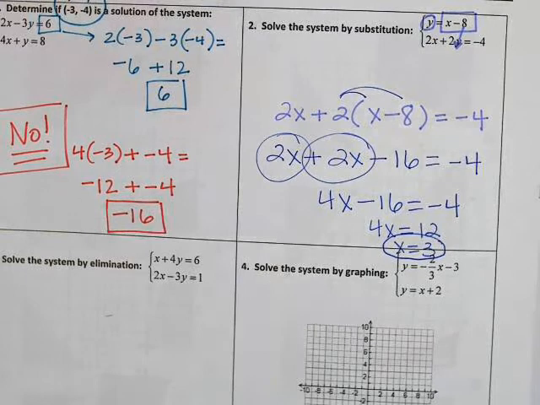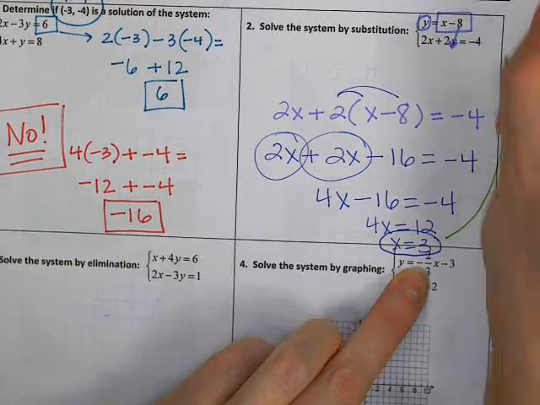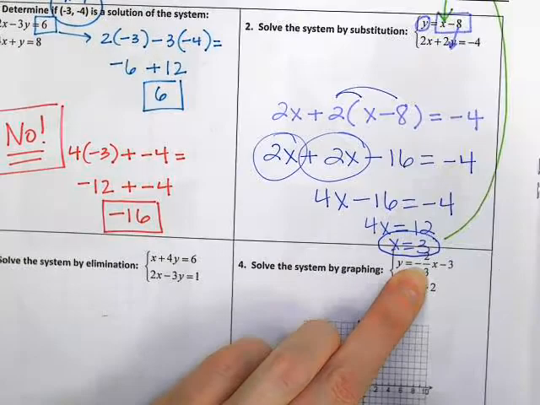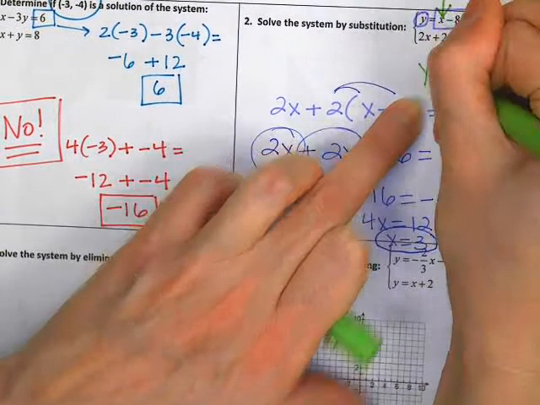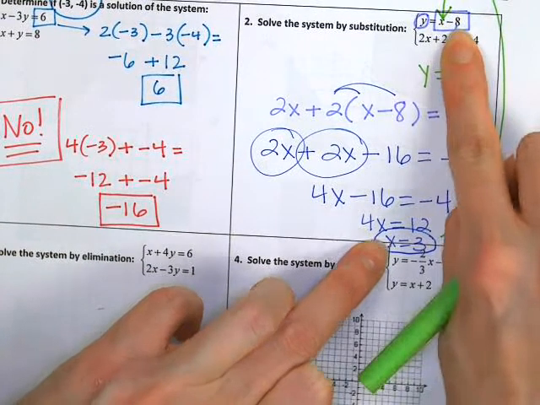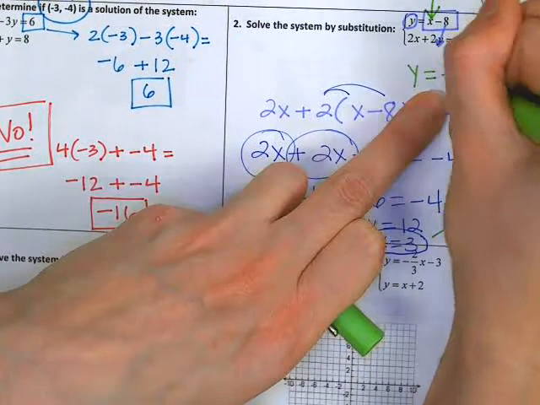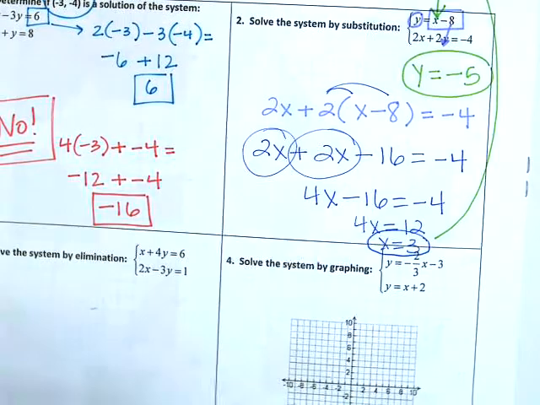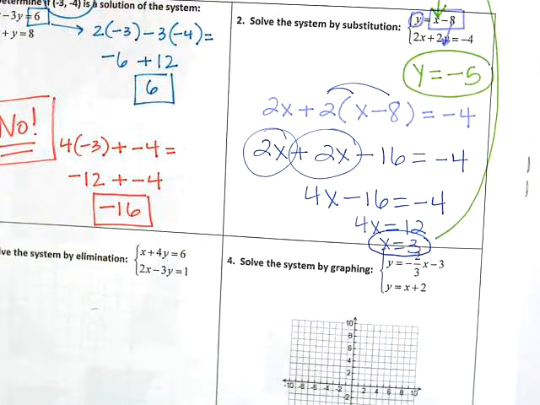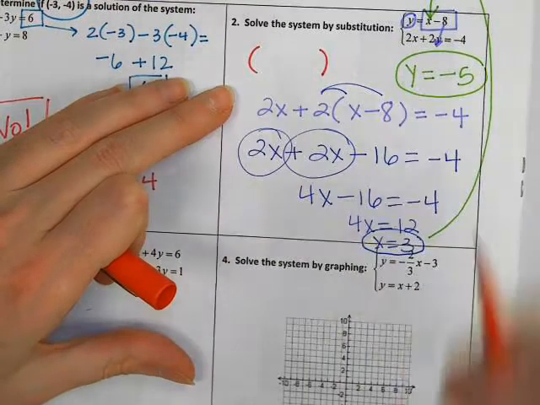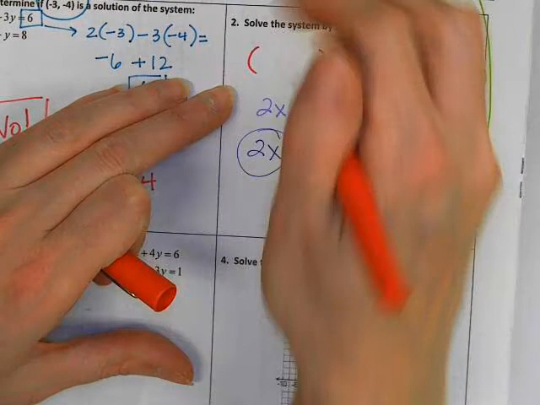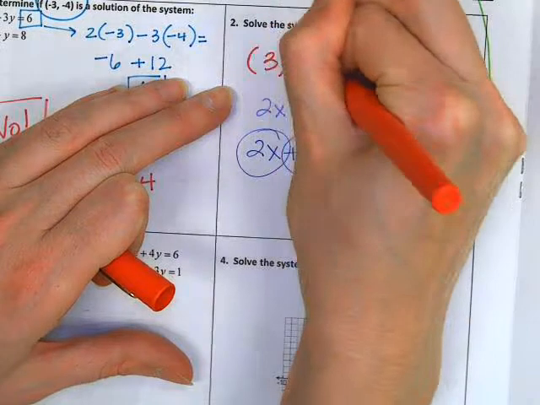We found x. Now we got to plug it back in and find y. So if you plug it in here, y is going to be 3 minus 8, which is negative 5. And then on the final for the multiple choice, the answer is going to be the ordered pair x comma y, so 3 comma negative 5.